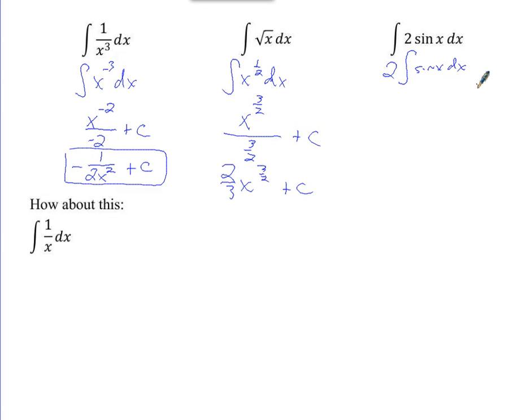That doesn't do it for me. The derivative of cosine is negative sine. That almost does it for me. So I need positive sine, not negative sine. So the derivative of negative cosine gives me positive sine, which means that the integral of sine must be negative cosine. So I have negative 2 cosine x plus c.